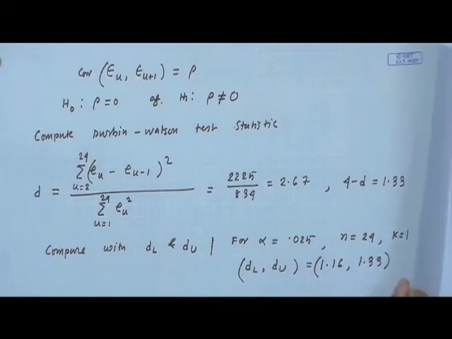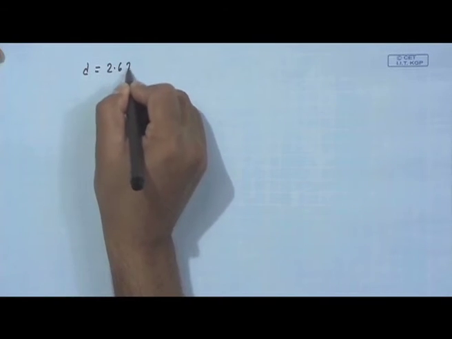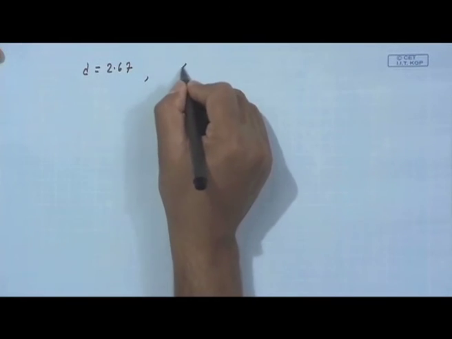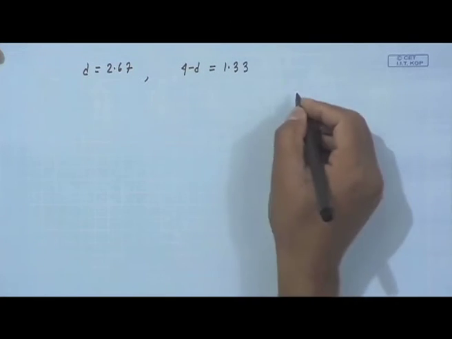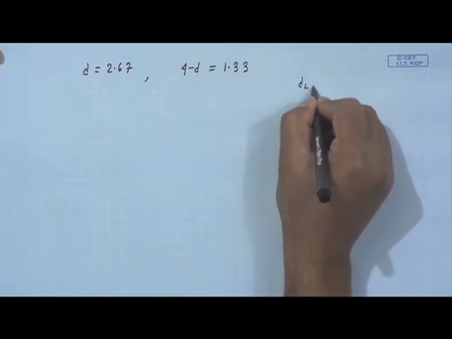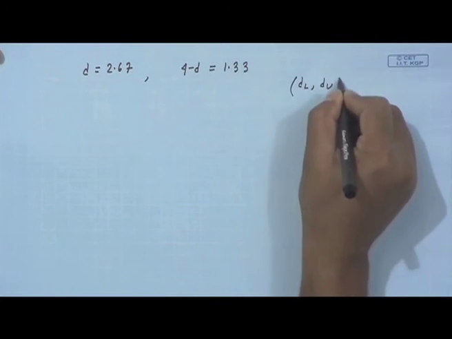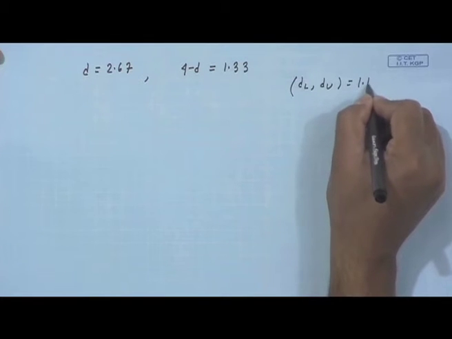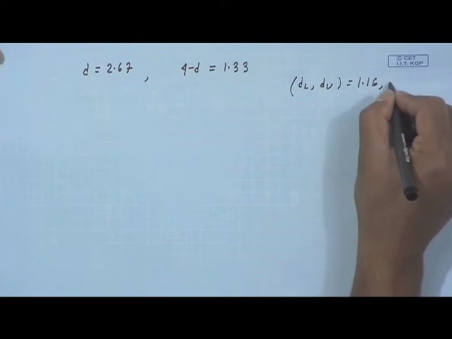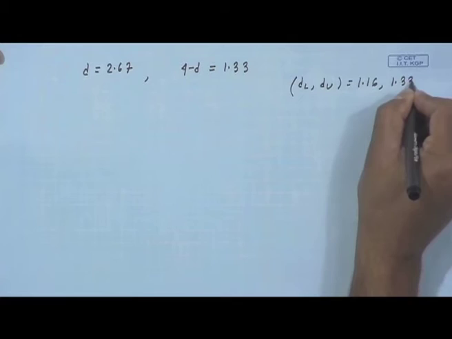We know that my d is equal to 2.67, my 4 minus d is equal to 1.33, and my dl and du are 1.16 and 1.33.